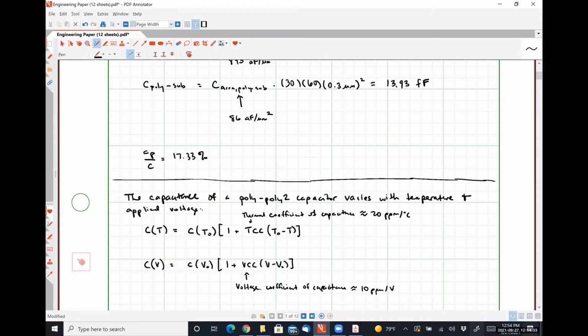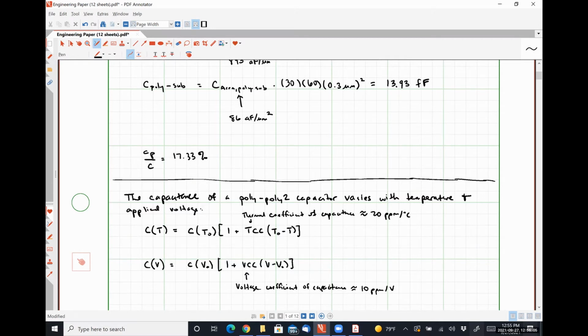So my question to you guys, how do these coefficients compare to what we saw for N-well parameters? If I'm not mistaken, for N-well, we were using something like 8,000 parts per million for one, and I think it was either 1,200 or 2,400 or something like that parts per million for the other, right?